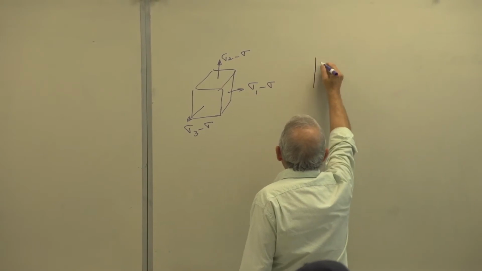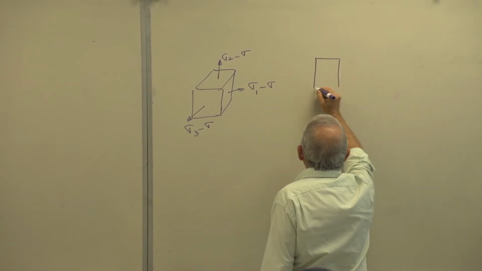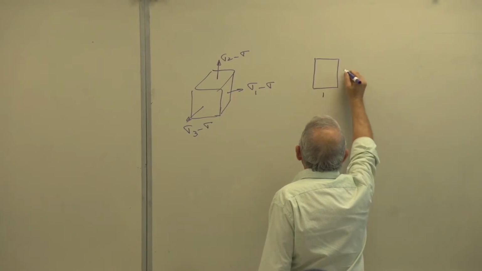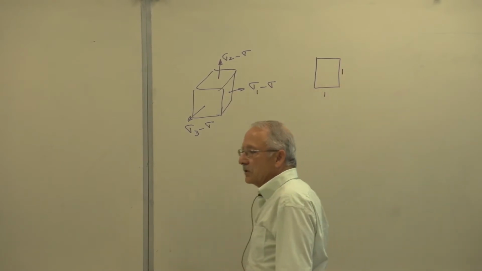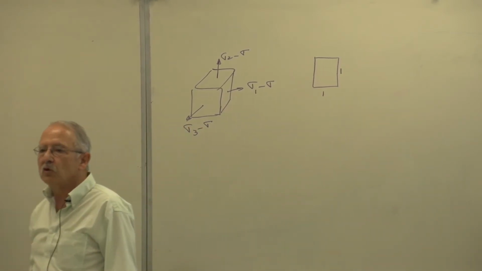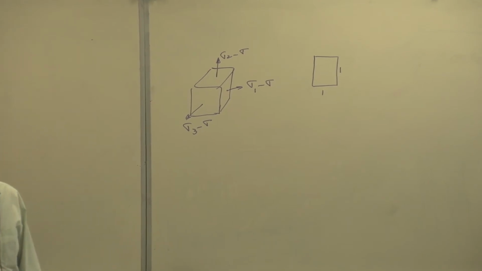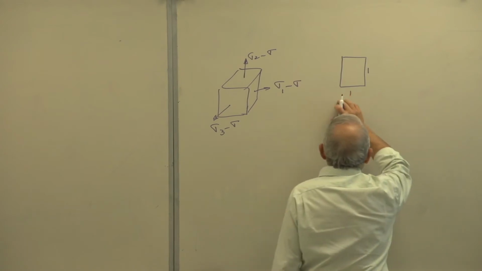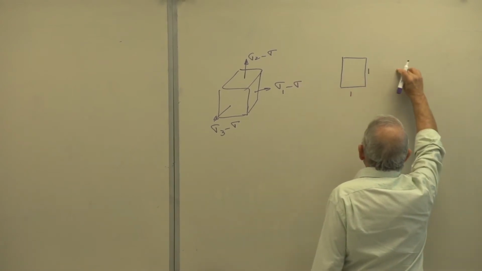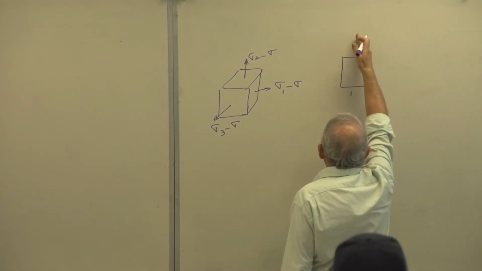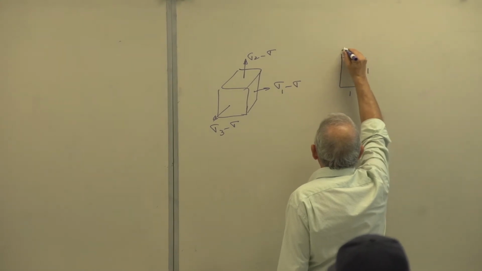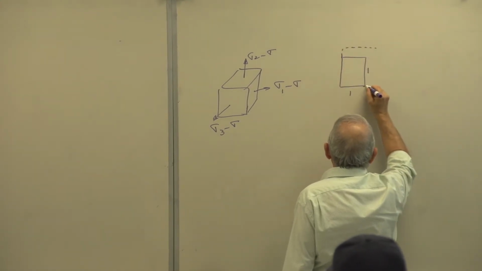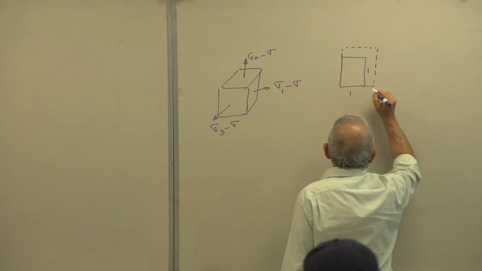Rather than looking at volume change, let's take a look at this. A unit square, 2 dimensions, not 3 dimensions. If this is under some state of stress, which produces strain in this direction and in that direction, then after change of shape, this will look like this.